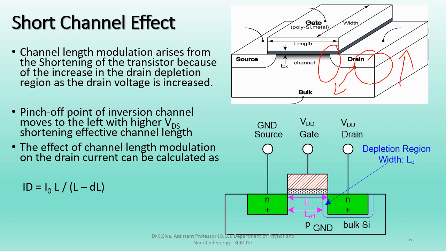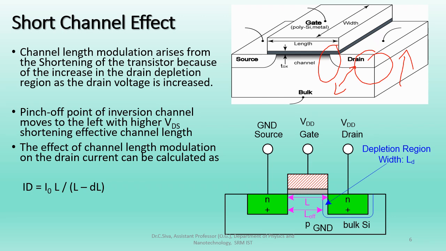Since the drain depletion region keeps on widening, effectively shortening the channel occurs. We can easily understand that once it is small in size, the depletion region of the drain will become dominant over the gate length.